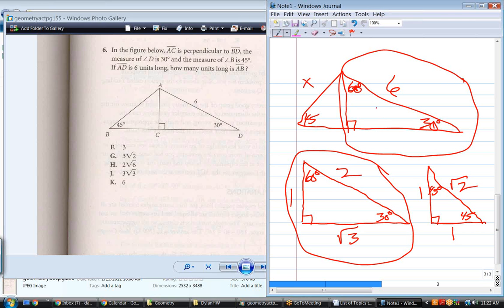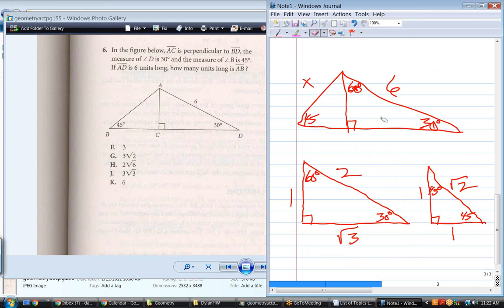Similarity ratio specifically means the linear ratio of one corresponding side to its other corresponding side. When you're comparing right triangles, it's pretty easy because you know for sure that the hypotenuse is the corresponding side for both triangles.